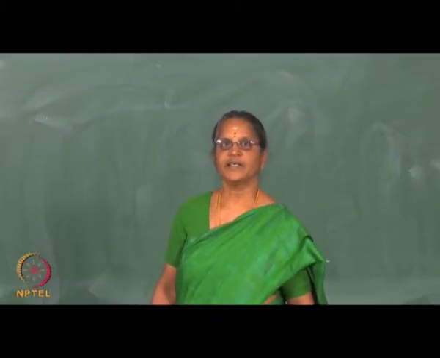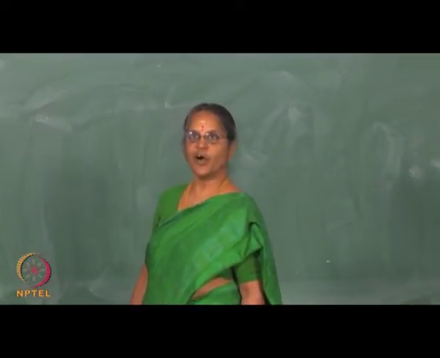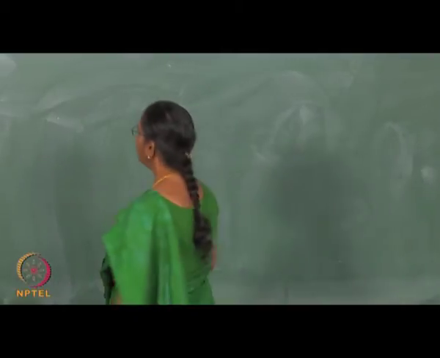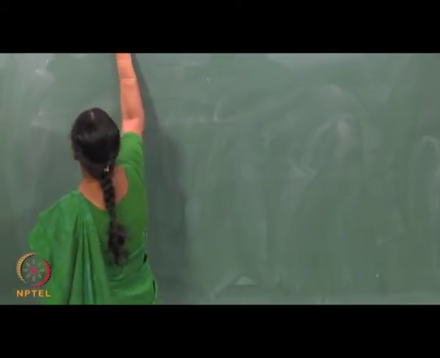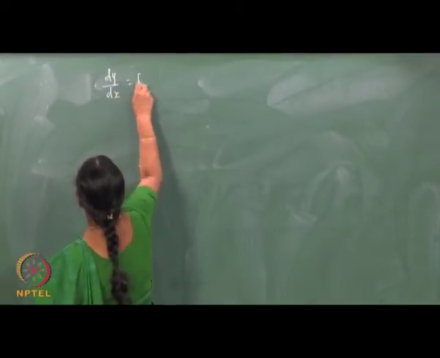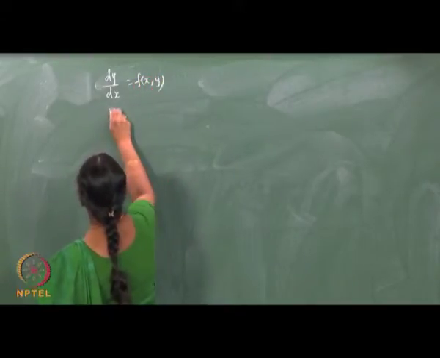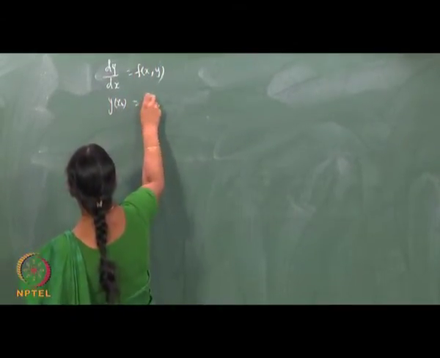We derived the Runge-Kutta method of order 2 for solving an initial value problem dy by dx is equal to f of x comma y, with y of x naught equal to y naught.